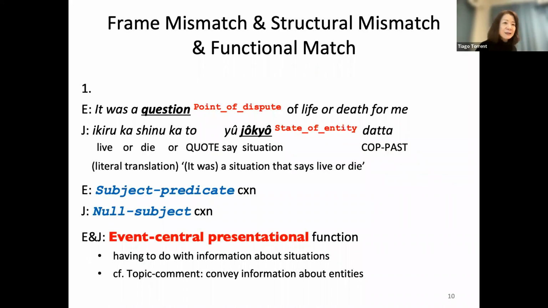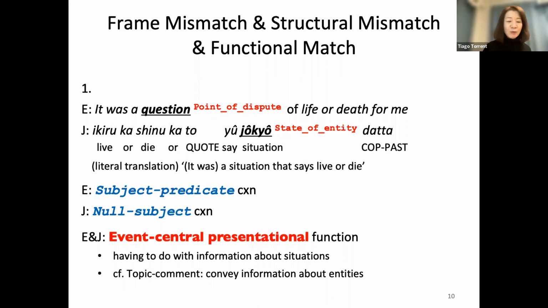And so I'm not going to go into the details, but let me just show you three examples of cases in which there is a frame mismatch, structural divergence, but a frame functional match. So this is taken from The Little Prince, the Japanese and English translations of the novel. It was a question of life or death for me, and in Japanese, 生きるか死ぬかという状況だった.